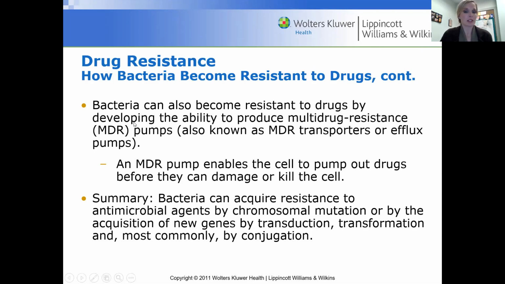Another way this happens, bacteria can also become resistant to drugs by developing the ability to produce multi-drug resistance pumps, also known as MDR transporters or efflux pumps.